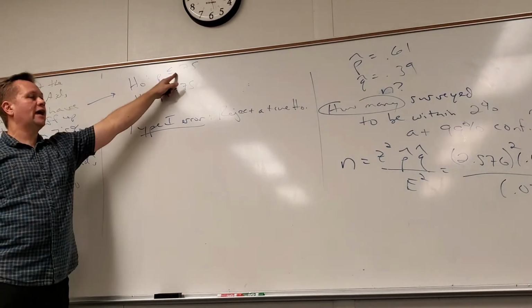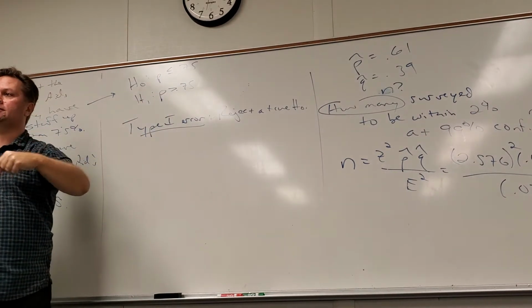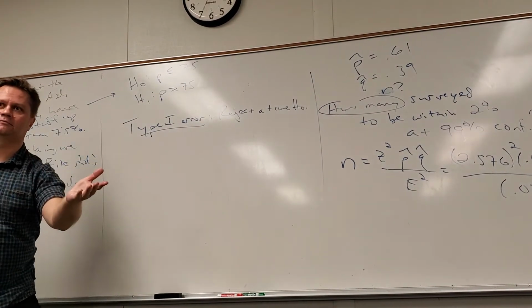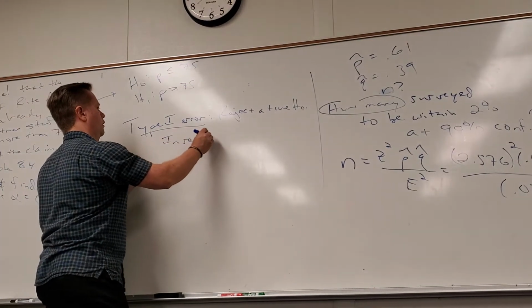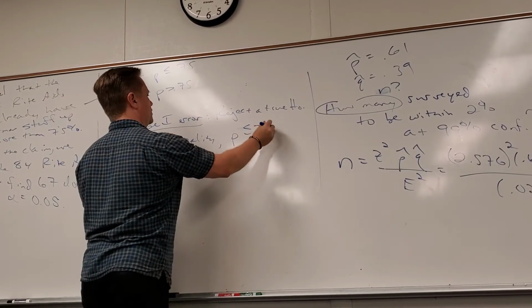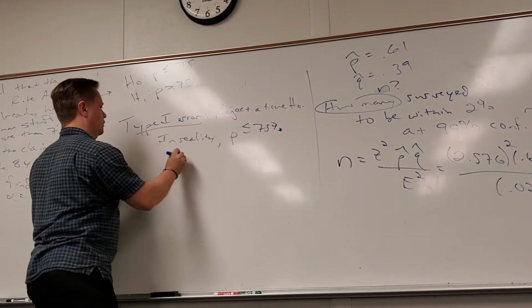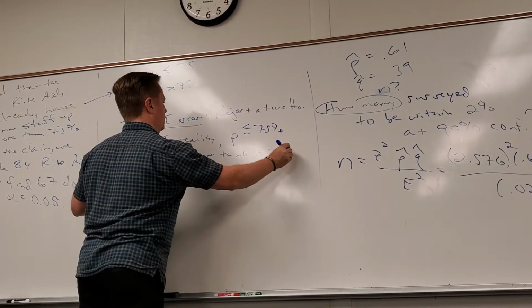This is true. So in reality, the percentage is at most 75%, but we think it isn't. Right? In reality, P is at most 75%, but we think it isn't.